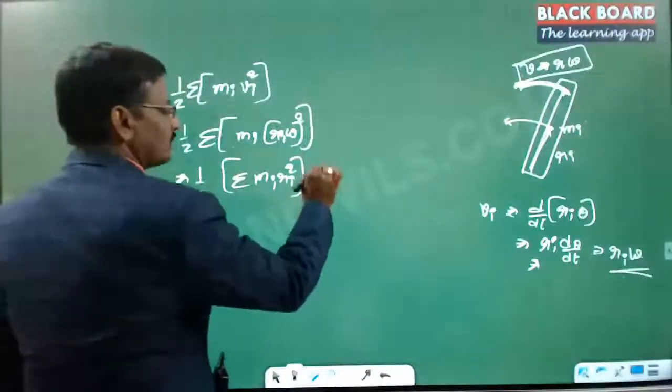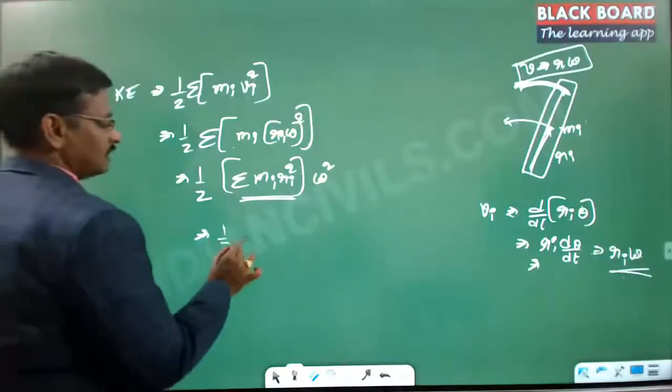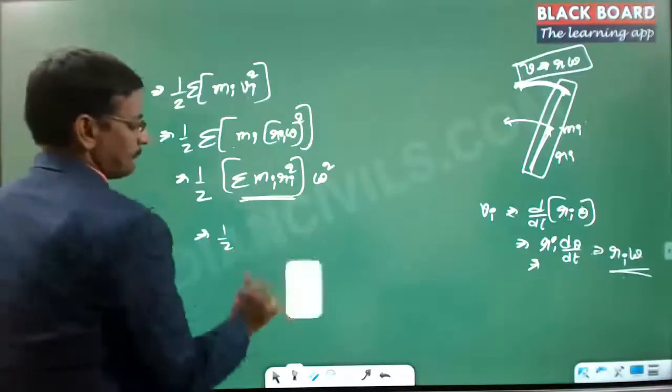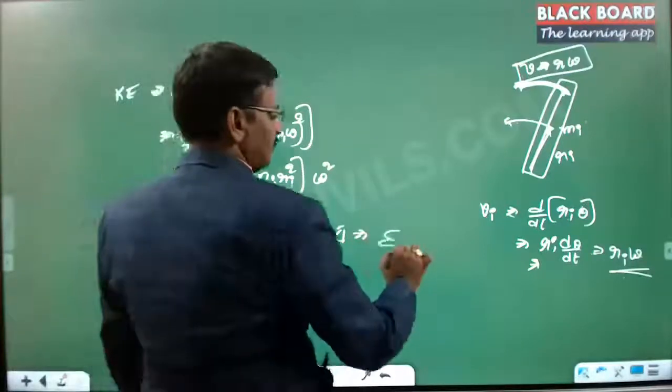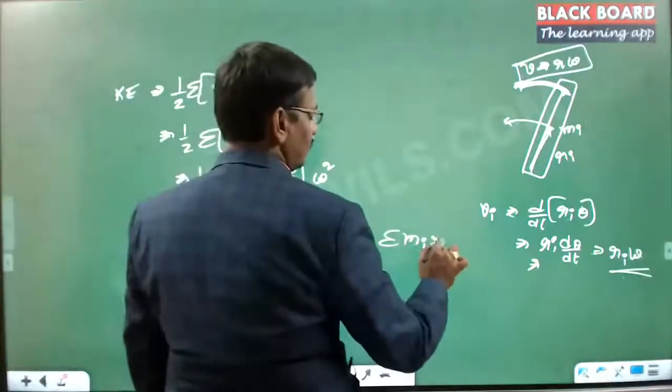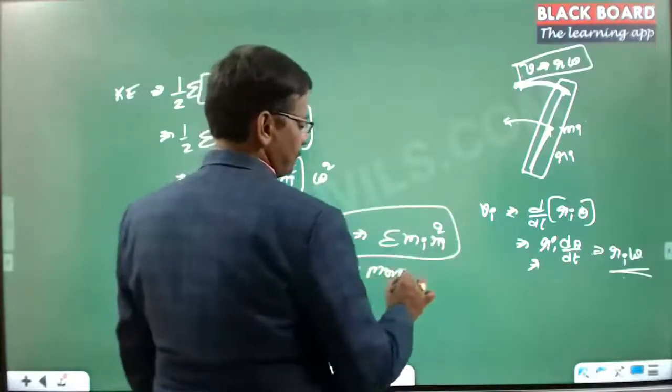So we keep omega square outside. And this quantity we have given a separate name, where I is equal to sigma m_i r_i square, and this is called the moment of inertia.